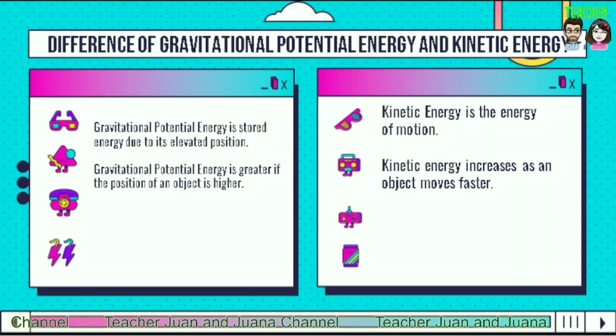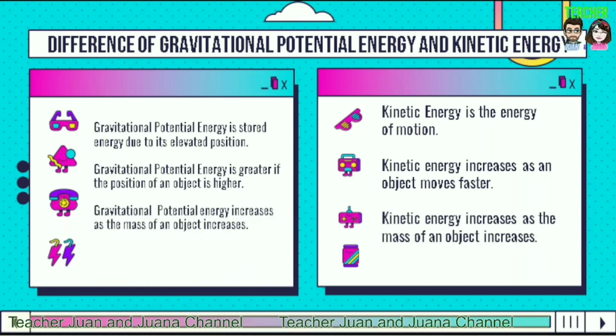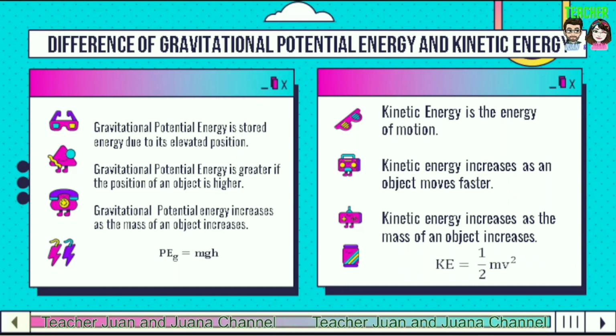Kinetic energy increases as an object moves faster. They both increase as the mass of an object increases. To calculate gravitational potential energy, multiply mass, acceleration due to gravity, and height of an object above the Earth's surface. To calculate kinetic energy, multiply the half of mass, and the square of velocity.